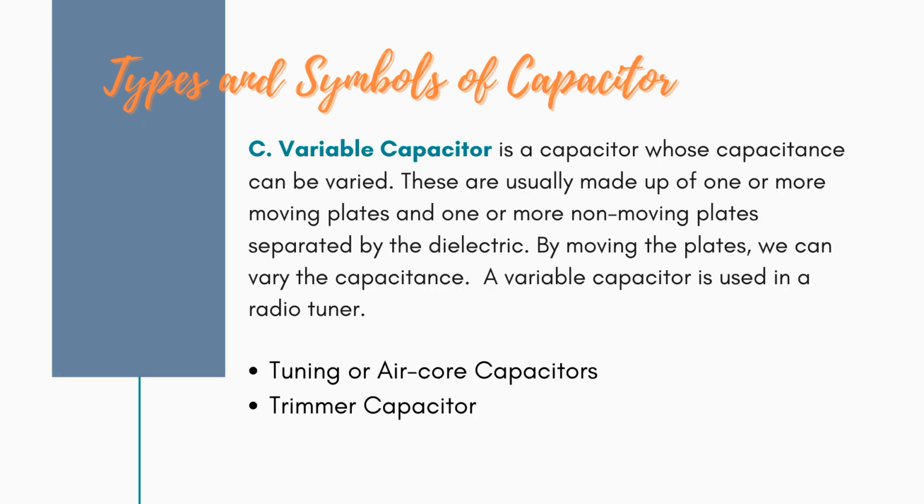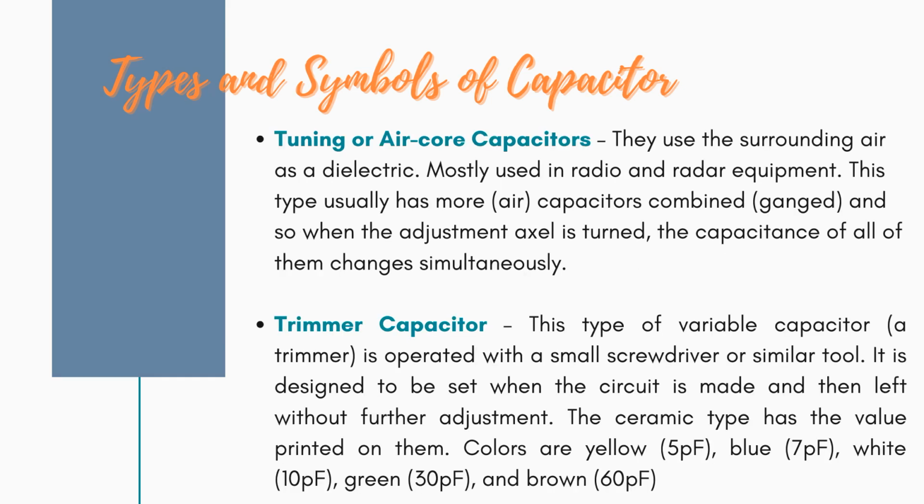Variable capacitor. A variable capacitor is a capacitor whose capacitance can be varied. These are usually made up of one or more moving plates and one or more non-moving plates separated by the dielectric. By moving the plates, we can vary the capacitance. A variable capacitor is used in a radio tuner. 1.